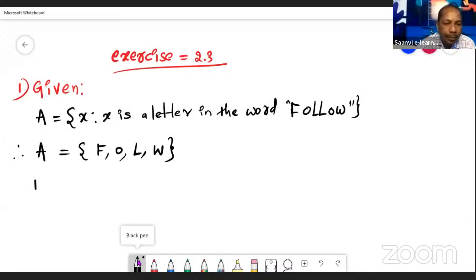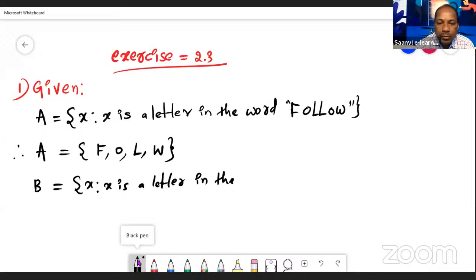Okay. And set B is equal to, what is given for set B? X such that X is a letter in the word flow.